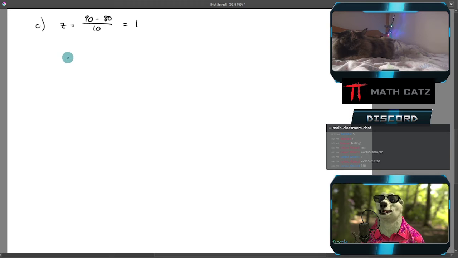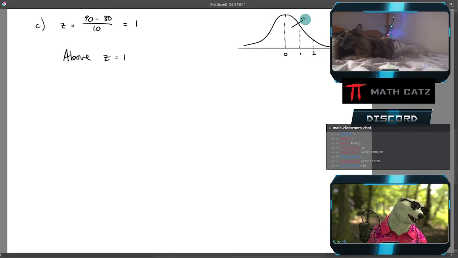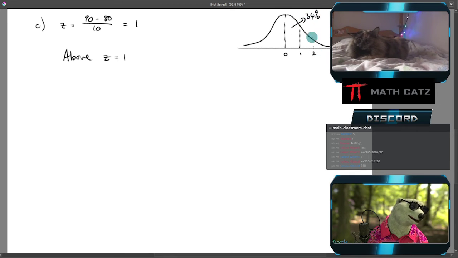So now I'm first looking above this z-score. Now, if it helps you, draw this again. Good practice. So you sort of automatically memorize it. That's my z0 line. Let's say 1 is over there and 2 is over there. This is roughly 34%.